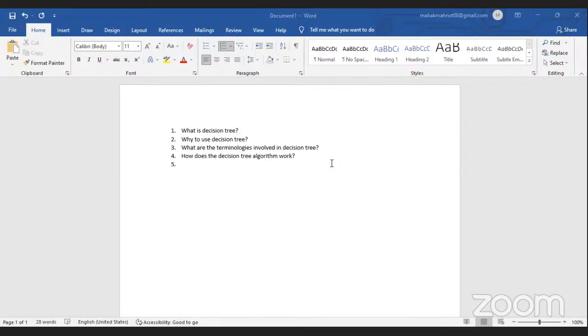As I said, the root node is the starting node. The algorithm compares the value of the root attribute with the real data set, and based on the comparison, it follows the branches and jumps to the next node. For the next node, the algorithm again compares the attribute value with other nodes and moves further, repeating these steps, and it continues the process until it reaches the leaf node of the tree.